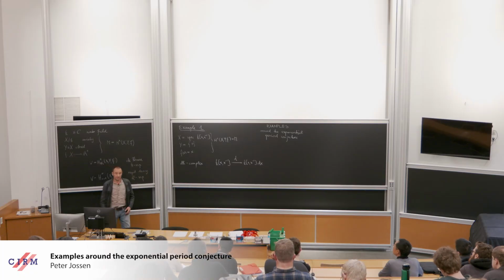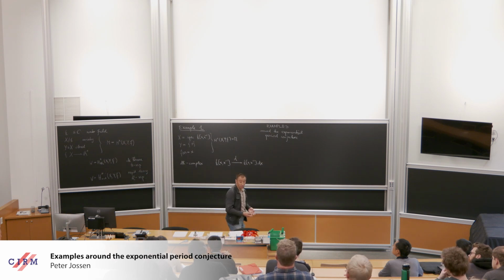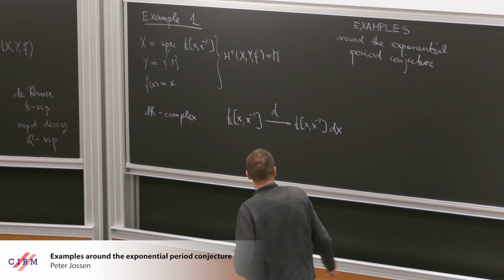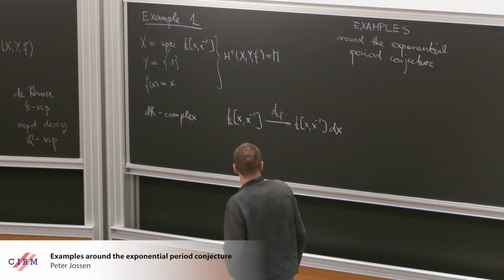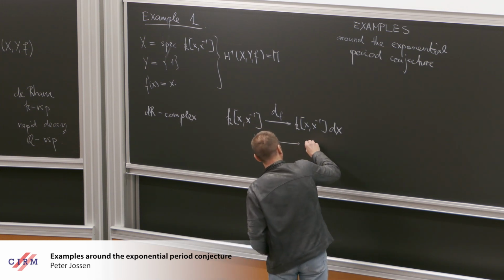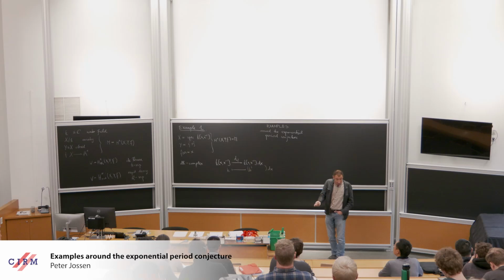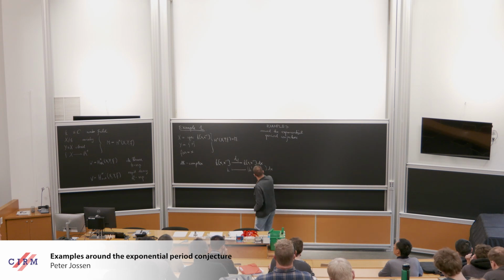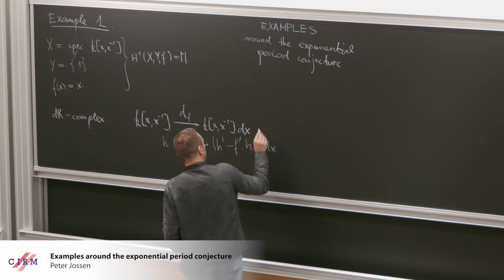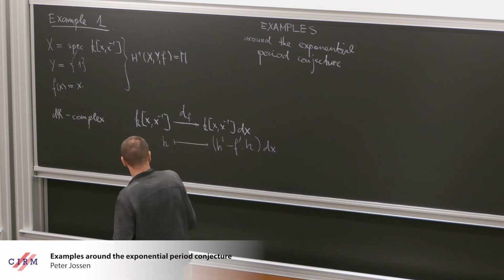It's the function f that is going to twist the differential a little bit, and which makes out of the classical de Rham cohomology for X and Y the de Rham cohomology for the triple X, Y, f. So here, the differential is doing the following. It sends a Laurent polynomial h to h' dx, that would be the standard differential, and now I'm putting here minus f' times h. Voila. This is my de Rham complex.